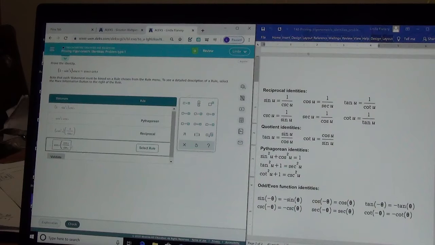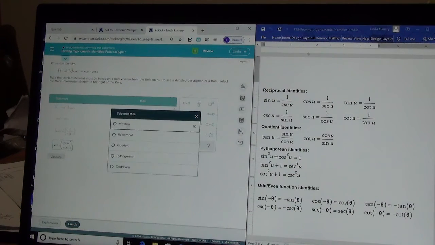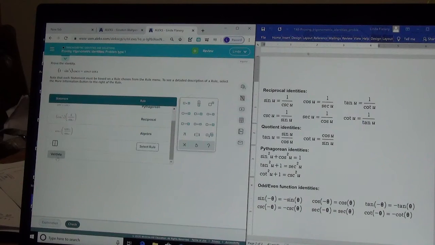And that was just basically algebra. I divided up my cosine squared into cosine and cosine so I could have cosine over sine, and so that I can change that into cotangent.